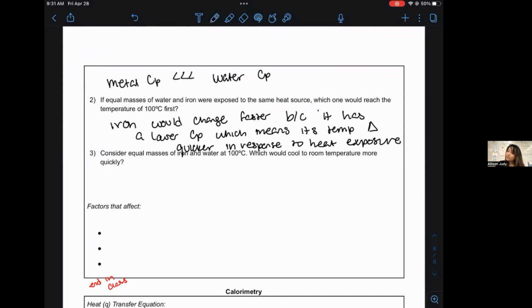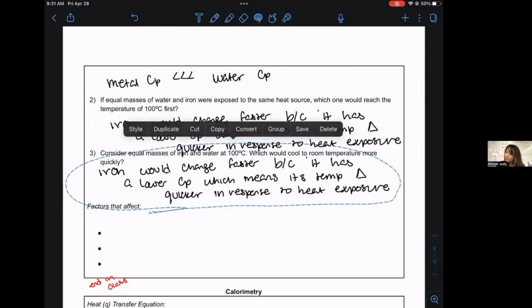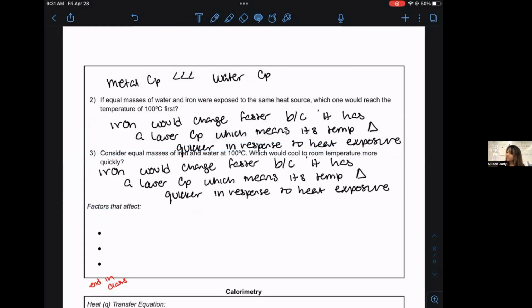Yes, because what it will do is it will respond quicker to the lack of heat. Copy. So iron would change faster because it has a lower heat capacity, which means its temp changes quicker in response to lack of heat. It will lose its heat to its surroundings faster.